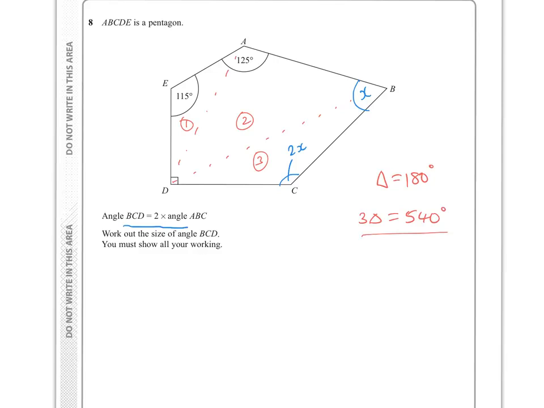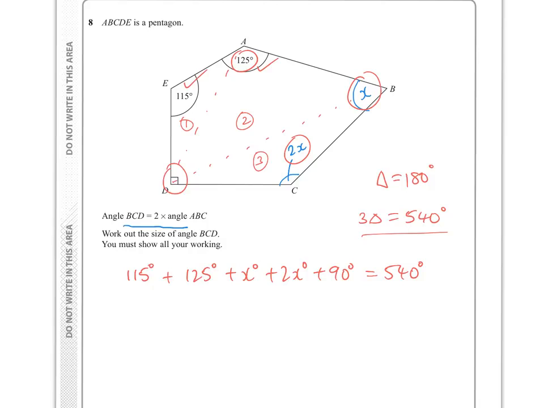So we can say that 115 degrees plus 125 degrees plus x degrees plus 2x degrees plus 90 degrees is 540.